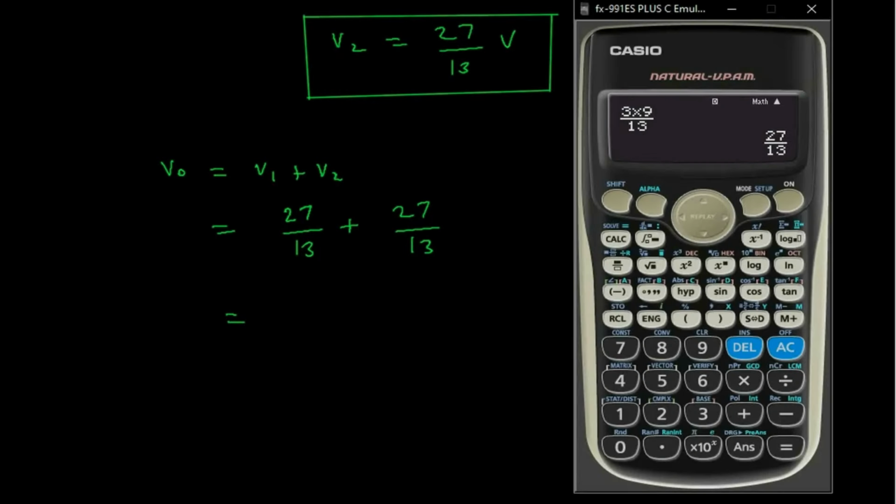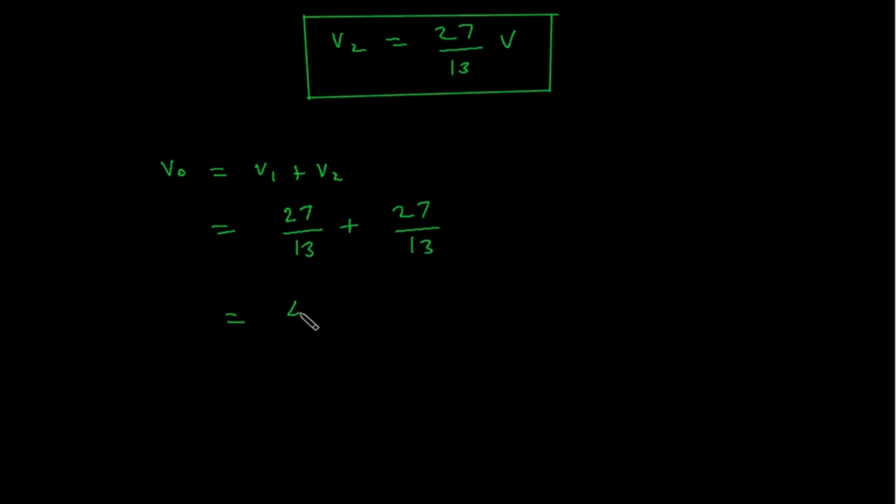So this is equal to 27 by 13 plus 27 by 13, 4.153 volt. This is the value of VO.